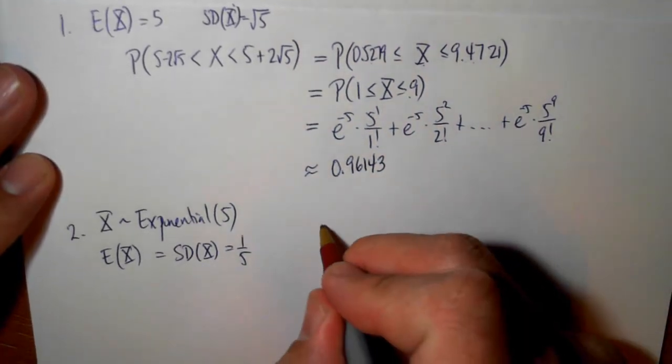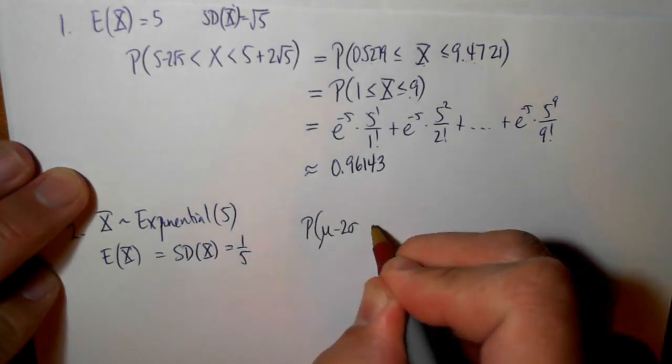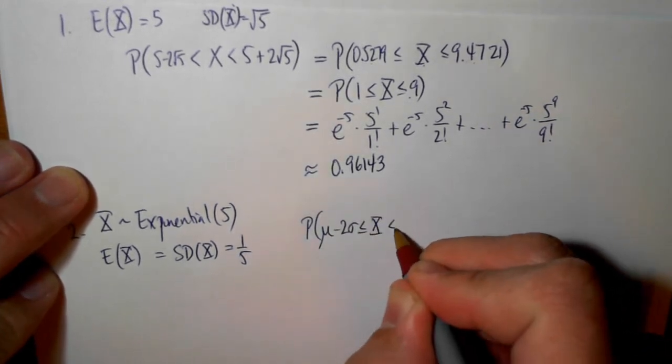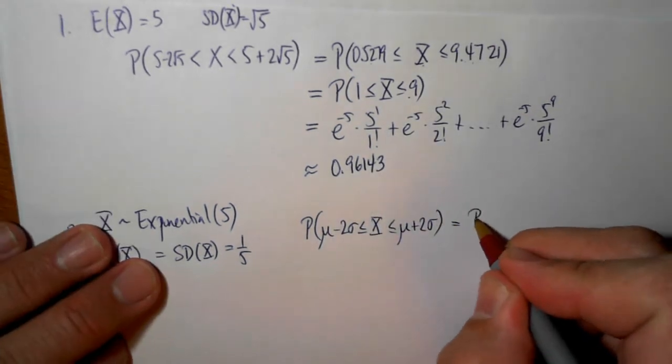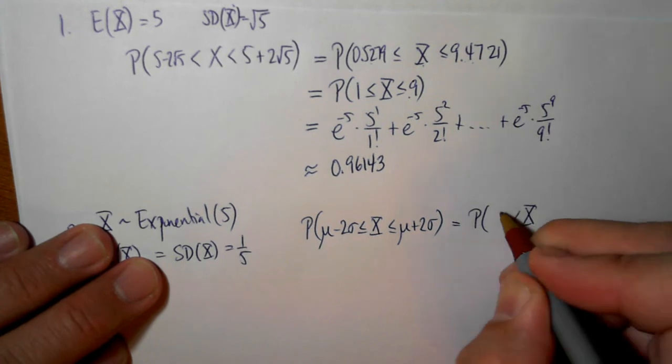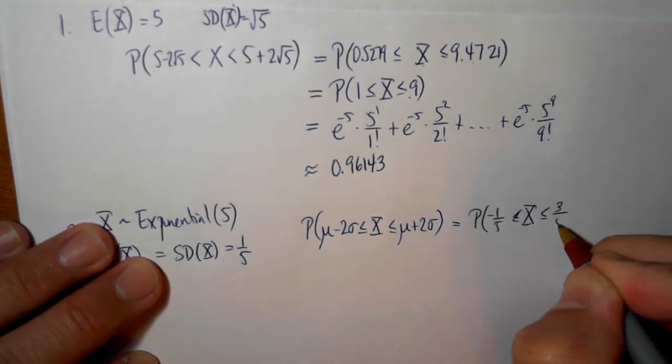And so the probability question is the probability that mu minus 2 sigma is less than or equal to x less than or equal to mu plus 2 sigma. That's going to be the probability that x is somewhere between negative 1/5 and 3/5.